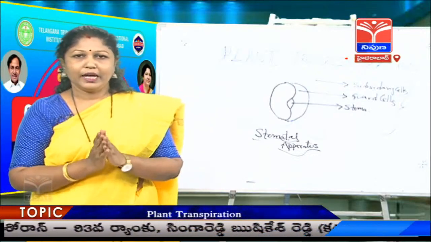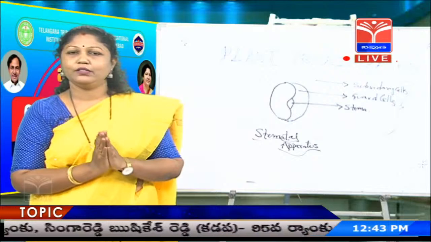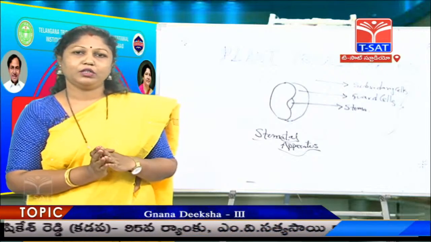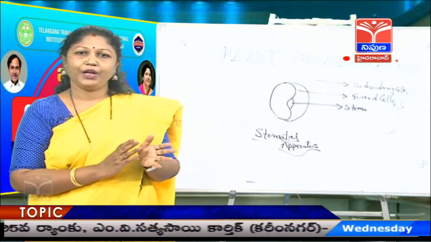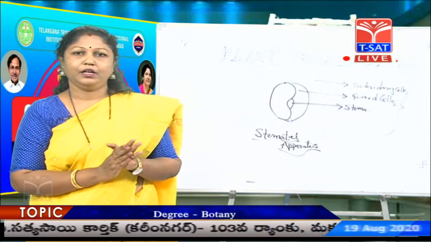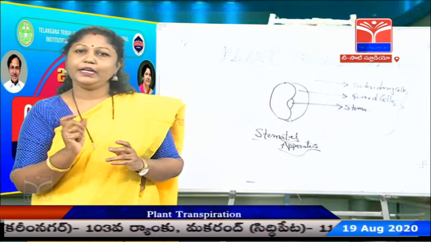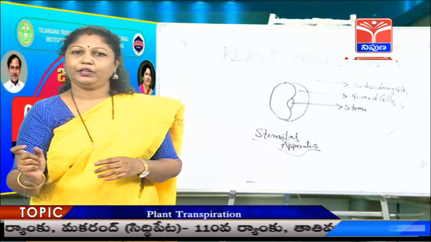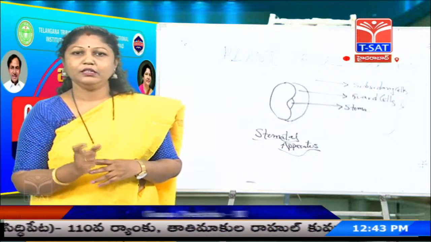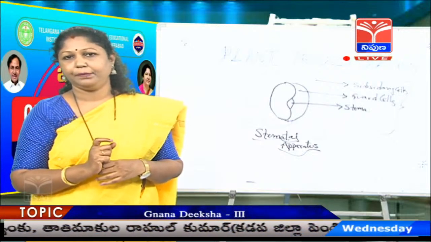So, here they are covered by 2 specialized guard cells. Now, the shape of the guard cells is also different. In dicotyledons, the shape of the guard cells is kidney bean shaped. In monocots, especially the grasses, they are usually dumbbell shaped.